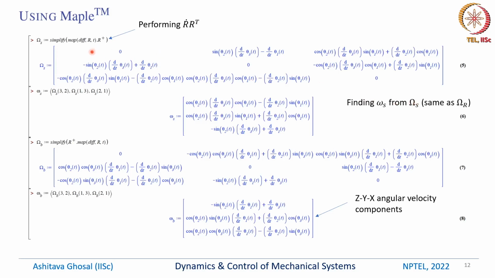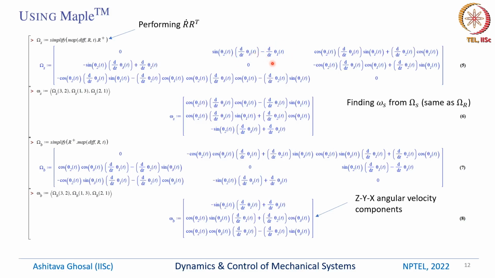And hence, we can find what this skew symmetric matrix is. You can see that the diagonal terms are 0. The off-diagonal terms are such that aij is minus aji. For example, this term is sine theta 2, and this is theta 3 dot. This is the way theta 3 dot is represented.